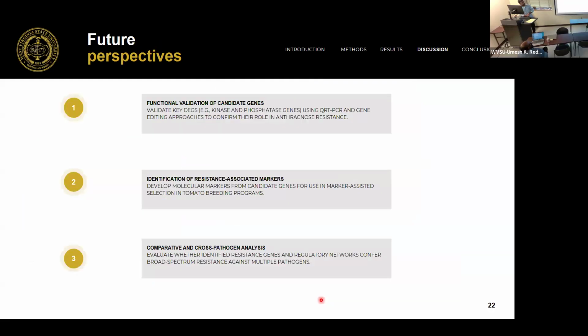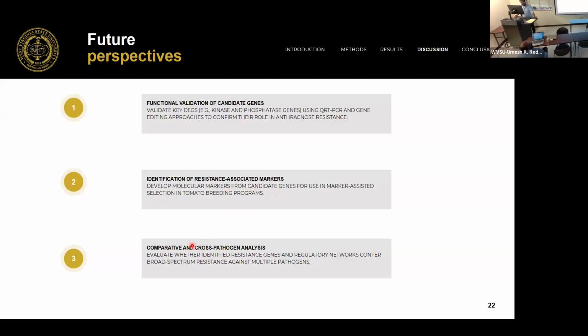What my study holds for the future is functional validation of candidate genes and also LNC RNAs, such as 14657, the one I pointed out earlier, and identification of resistance-associated markers for breeding programs.